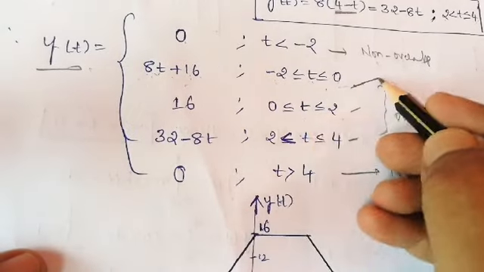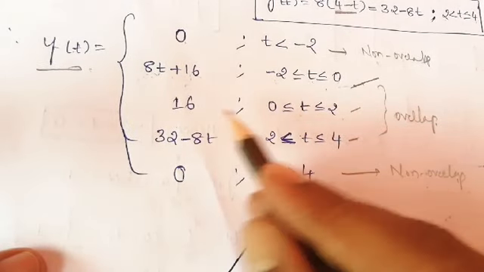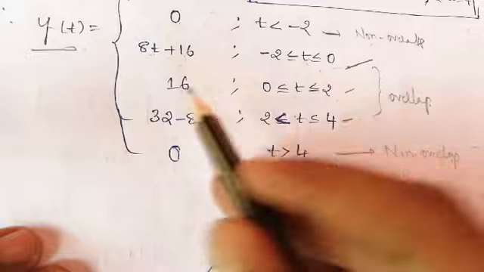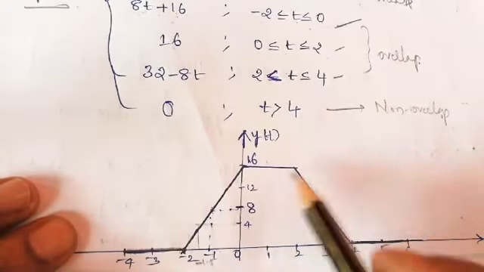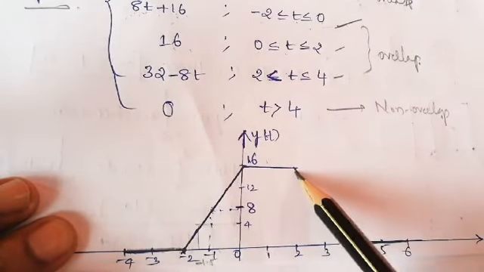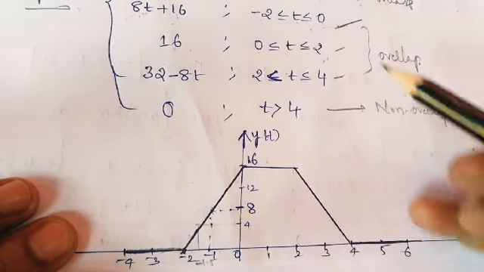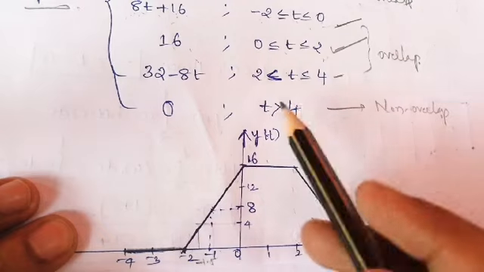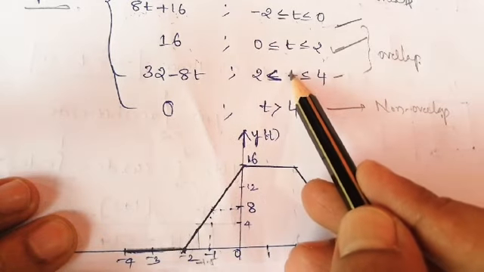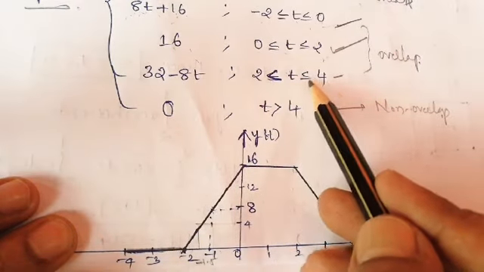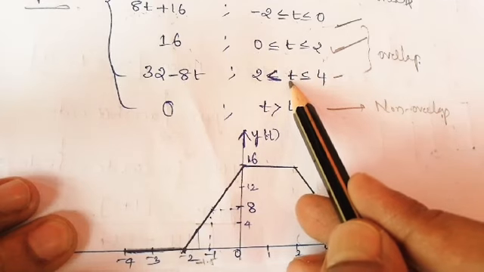Next, this is completed. Go for this one. When t equals 0, it is 16. When t equals 1, 16. When t equals 2, 16. Next case, the value of t is greater than 2 and less than or equal to 4. Let us take t equals 3.